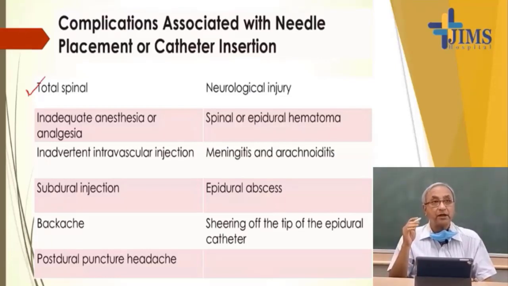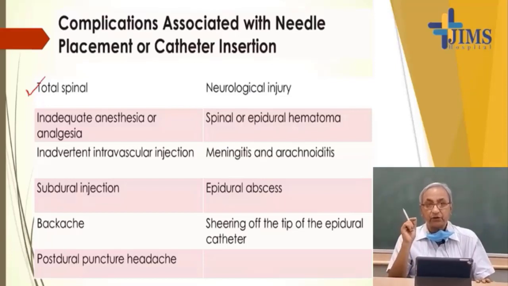There can be hematoma inside the subarachnoid space, or outside. If there is some infection going in when the asepsis is not adequate, there can be meningitis and arachnoiditis, which are very, very bad complications. There can be an epidural abscess, similarly, if less aseptic precaution is taken.